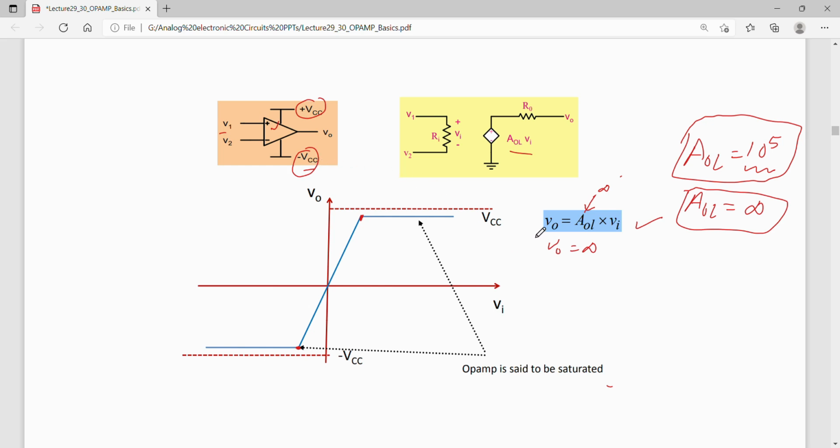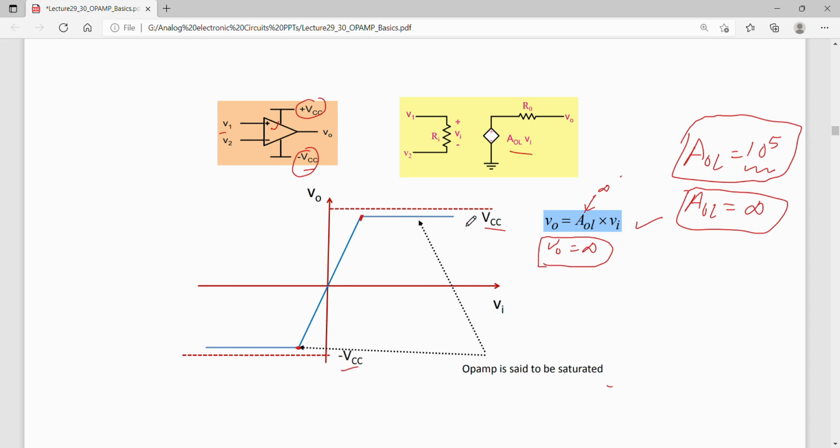So the maximum output voltage that can be achieved by this op-amp is plus minus VCC, whether in open loop or closed loop configuration.